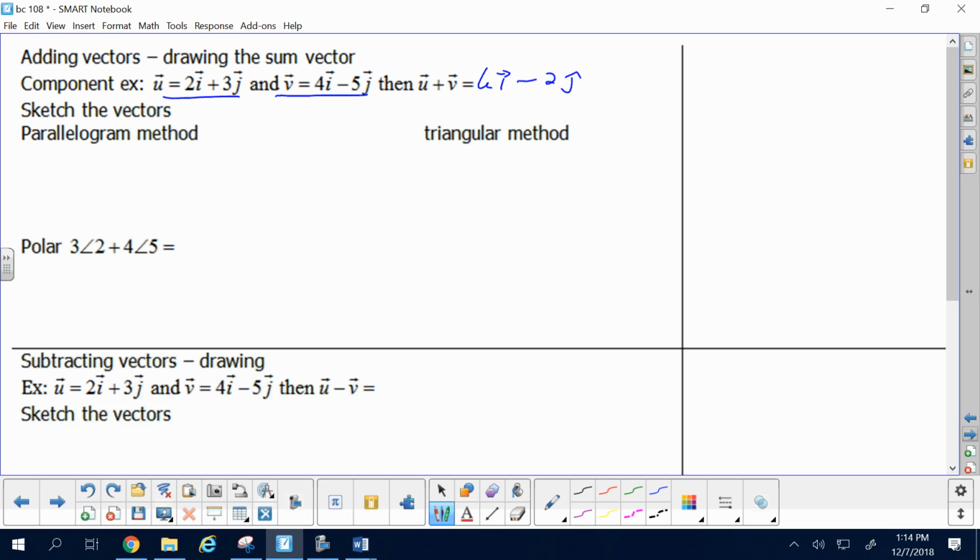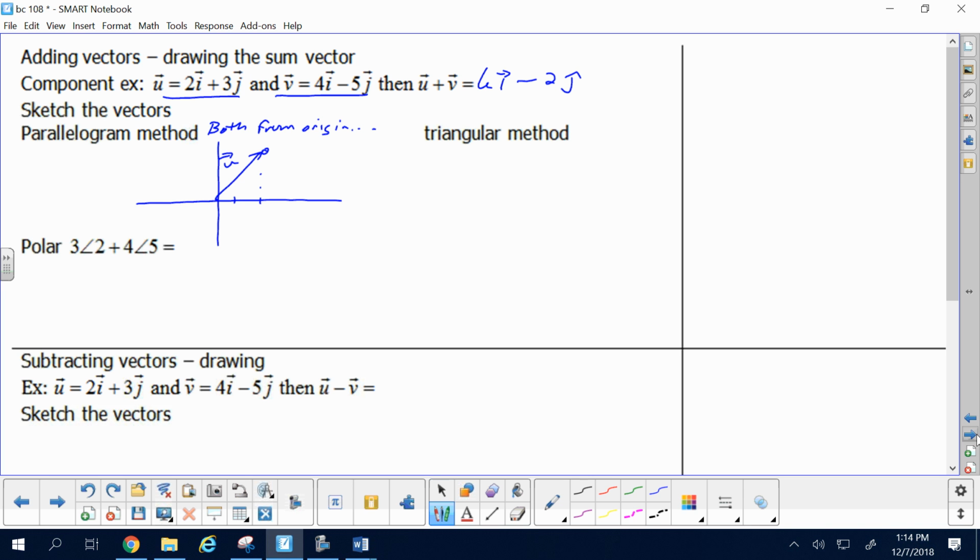Okay? Drawing this, you could draw the parallelogram method. Think both from the origin. That'll make sense in a second. If you start at the origin and do vector u, 1, 2, 1, 2, 3, there's vector u.